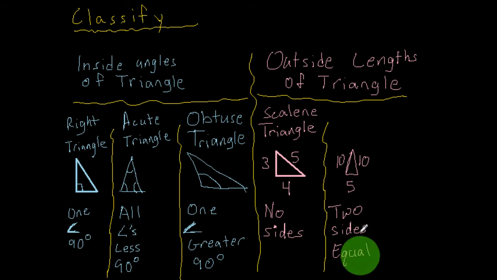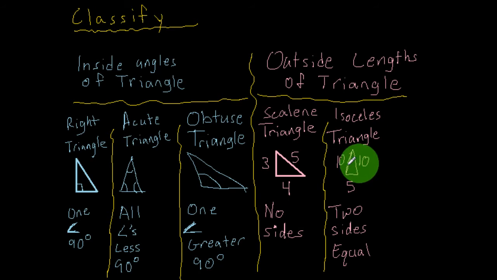So when you have two sides that are equal, we call this an isosceles triangle. And one trick to help you try to remember isosceles triangles is to think about your face. You have eyes, and you have two eyes that are on your face, so therefore an isosceles triangle would be a triangle with two sides that are the same.